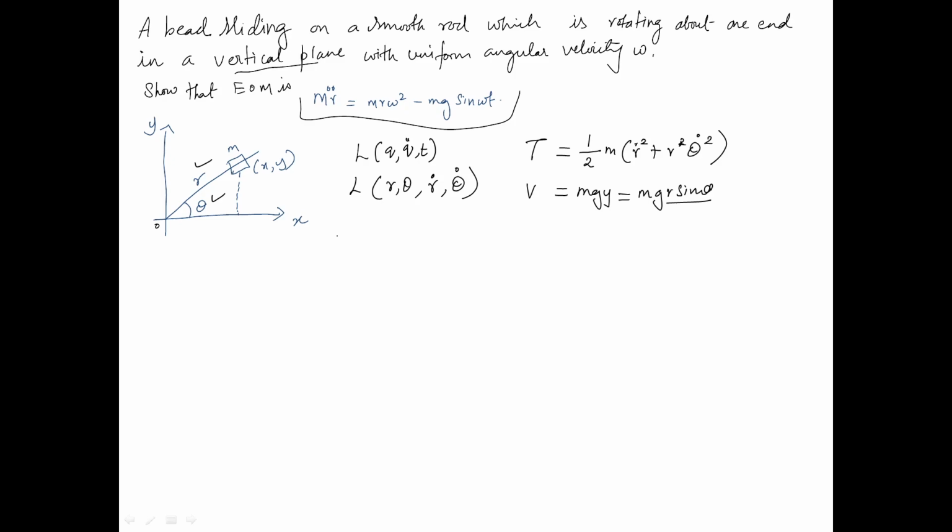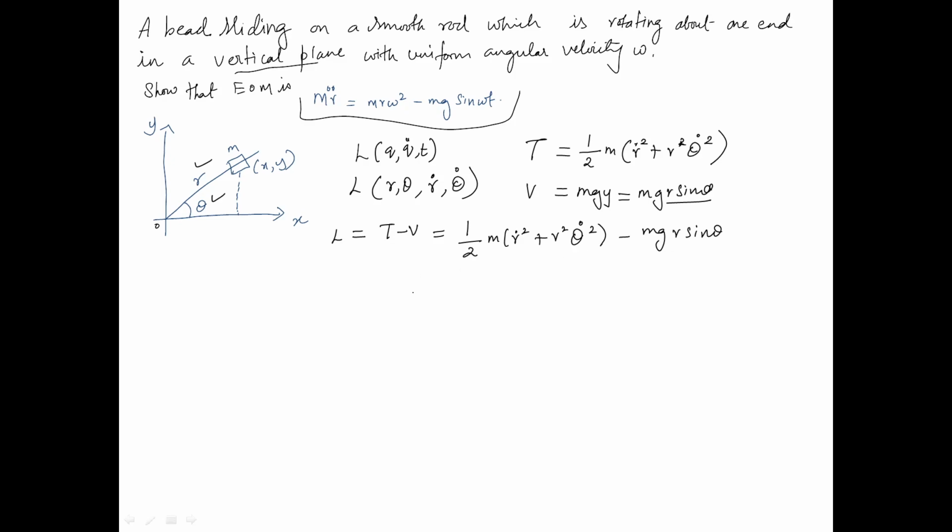Once you write the Lagrangian, let's check. It is equal to T minus V, so we can write it as half m times r dot square plus r square theta dot square, and we have a minus sign, mgr sin theta.